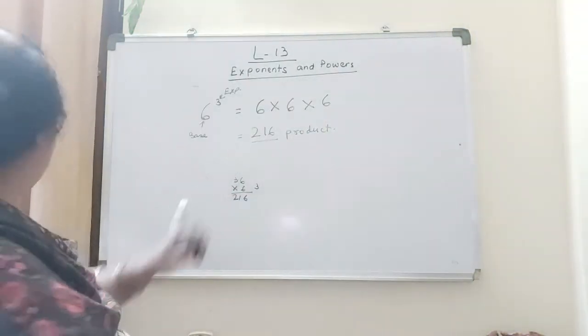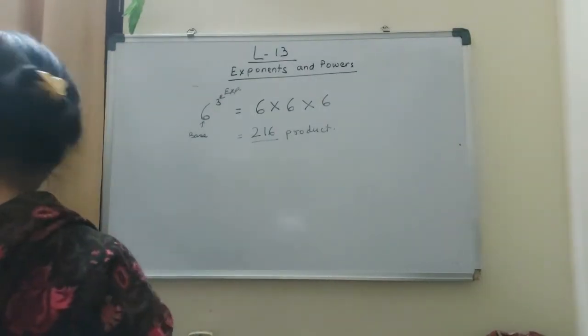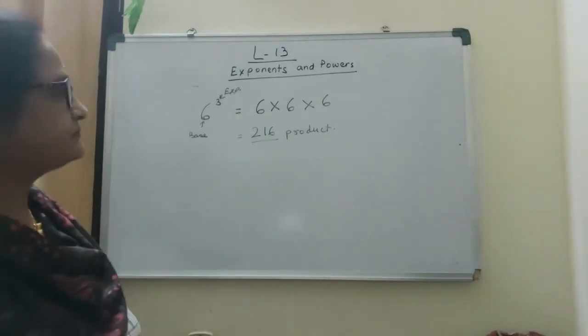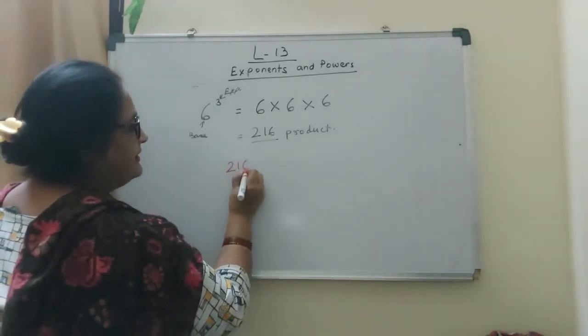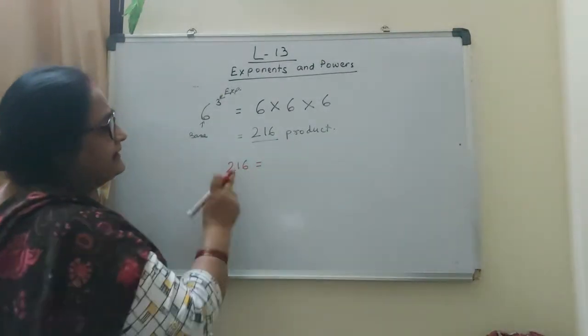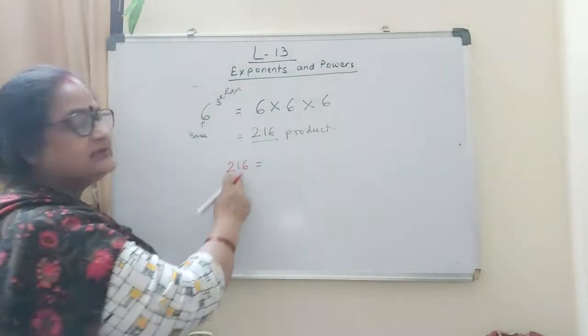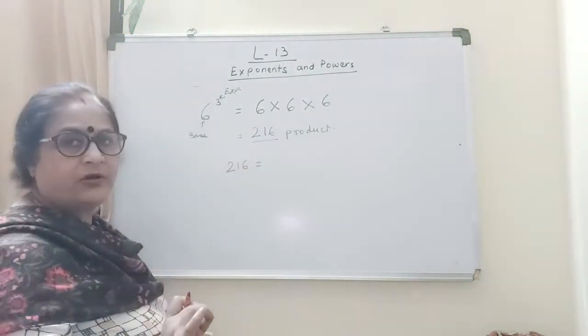Now this product can be expressed as, what is your product here? 216. Now 216 can be expressed as a power of 6.